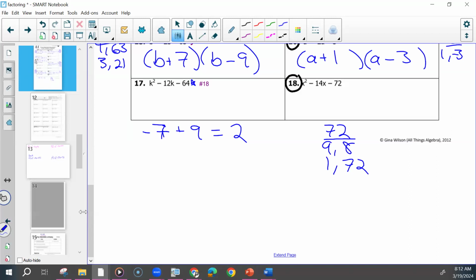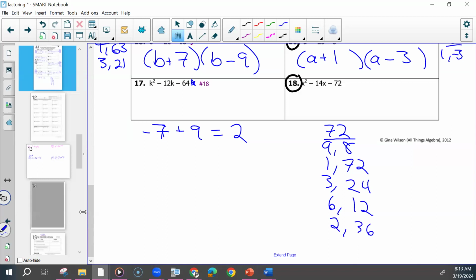Keep dividing 72 by 2, by 3, by 4, by 5, keep going. 3 and 24. 6 and what? 1, 2, 3.